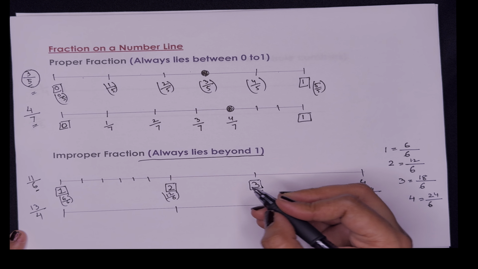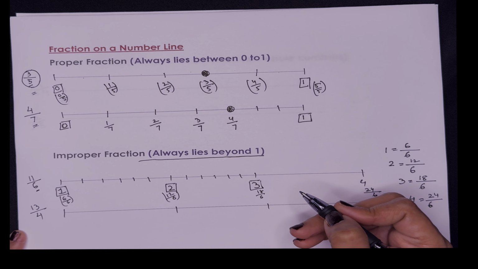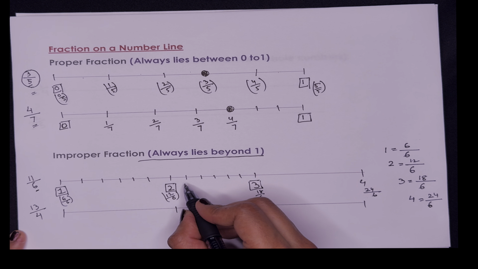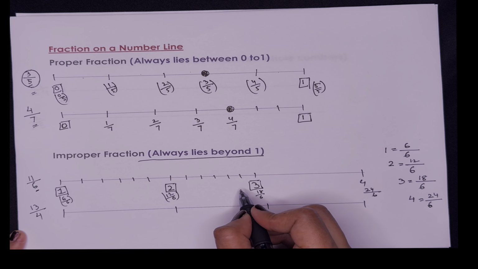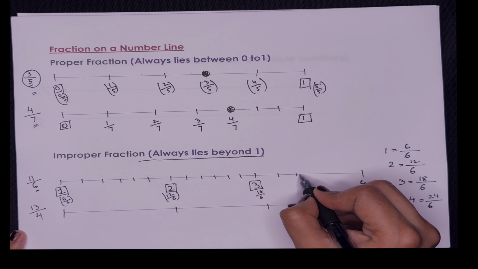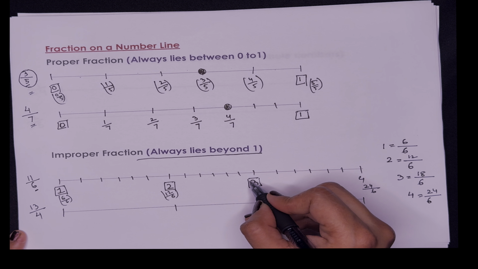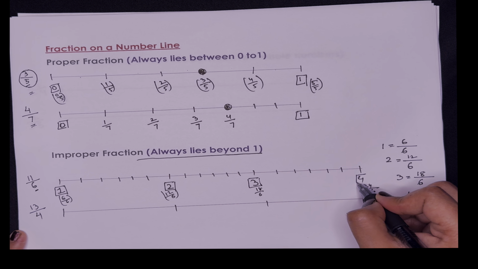Between 2 and 3, let's make 5 lines again. 1, 2, 3, 4, 5. That gives us 6 equal parts between 2 and 3. From 3 to 4, again 5 lines. This gives us 6 equal parts between 3 and 4.